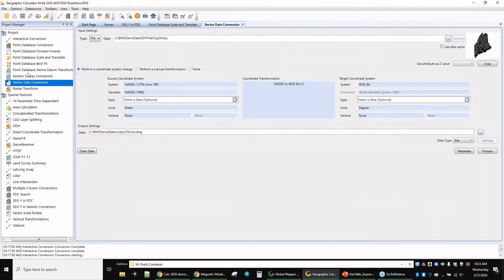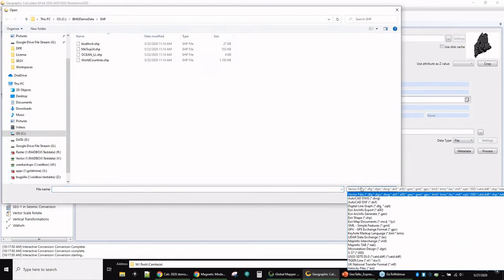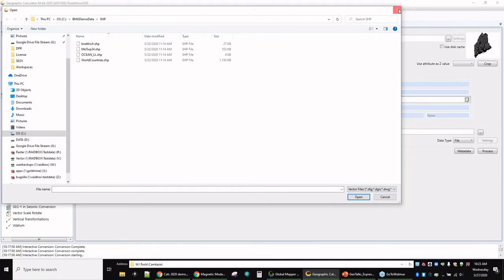Something a little bit more for everybody is our vector job. So the vector data conversions allow us to work with about 20 different vector formats. Just pull up the list there so we can see some of those. So everything from AutoCAD out to MicroStation, shapefiles, KML, GML, LiDAR formats, a little bit of everything down there.